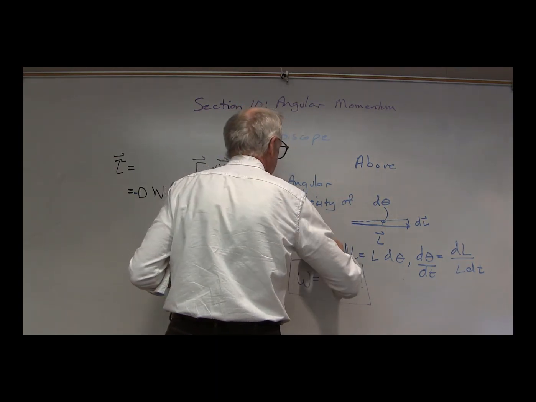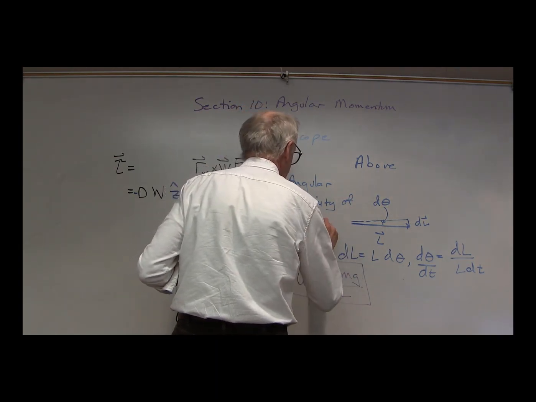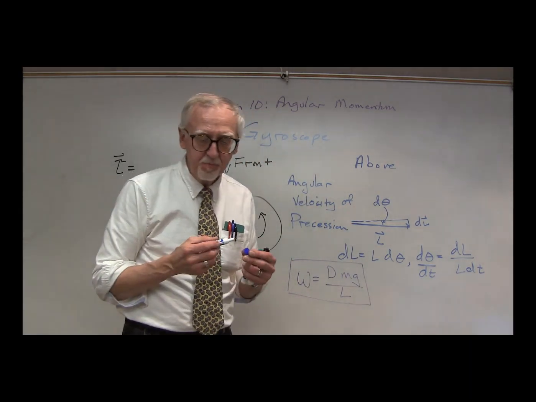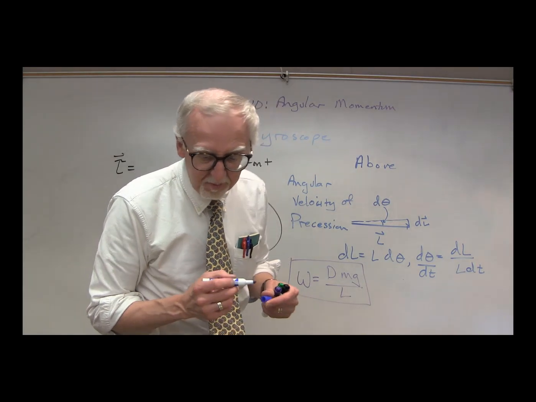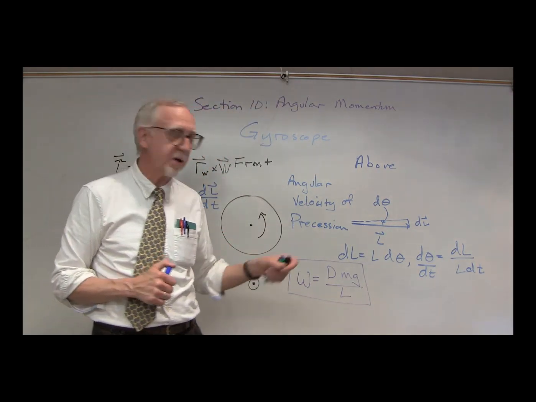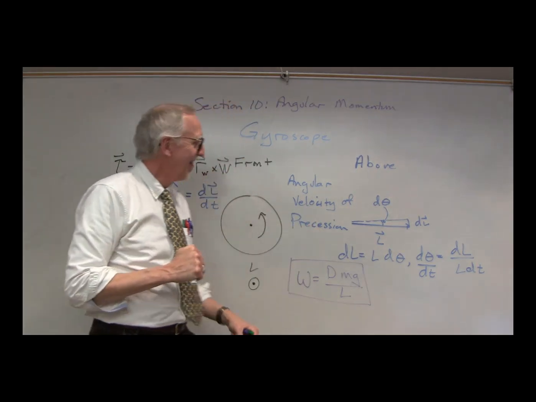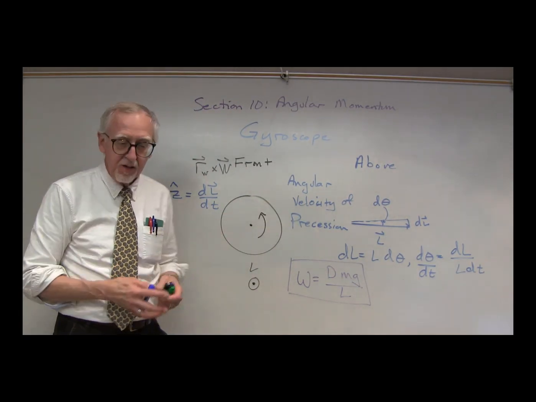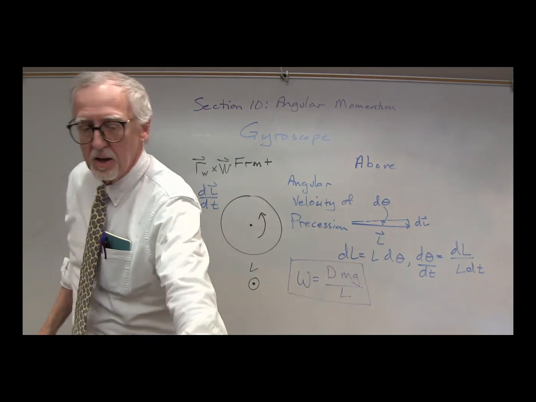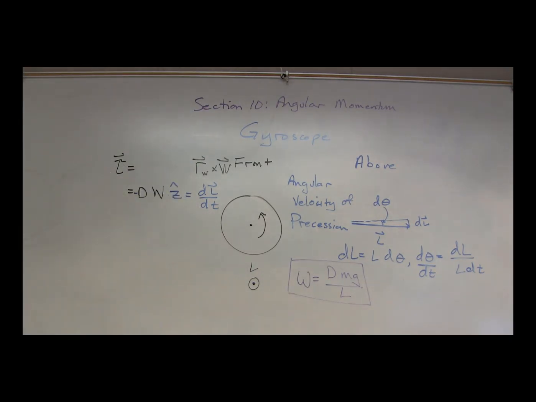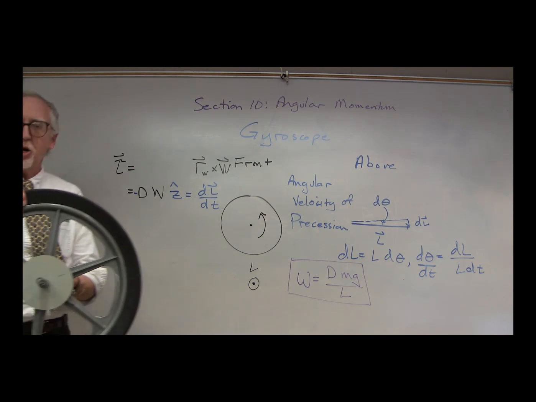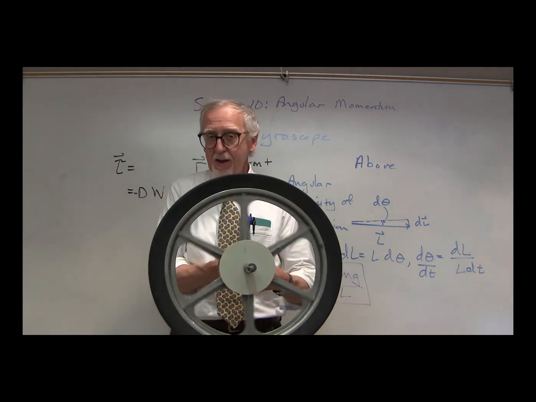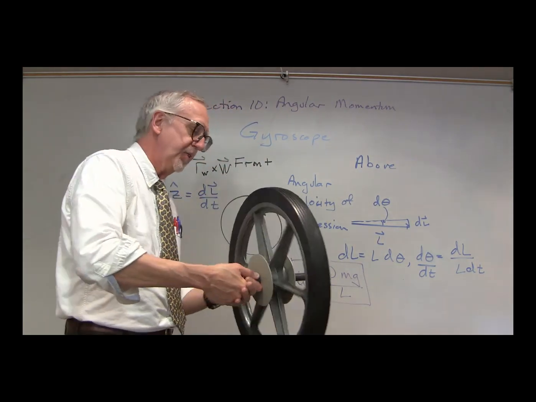The angular velocity of precession. Spelled it right. Wanted to make sure there was two S's in there. And what does that tell us? It tells us how rapidly, as the gyroscope is spinning, and I'll just hold it this time, how rapidly does it rotate around this way?